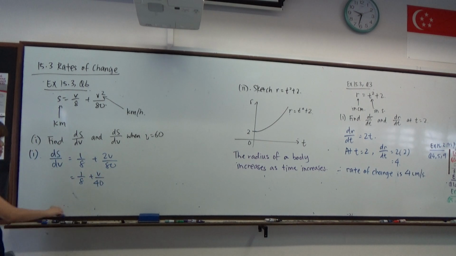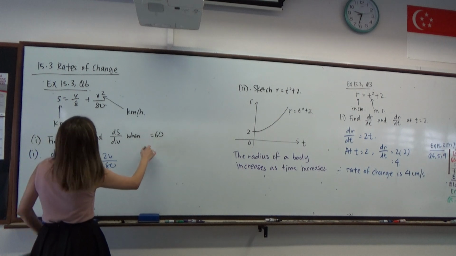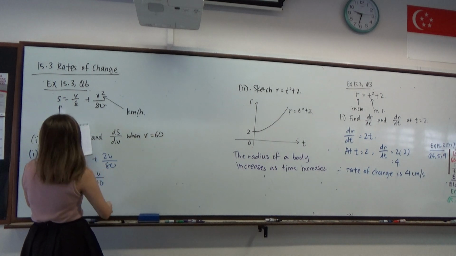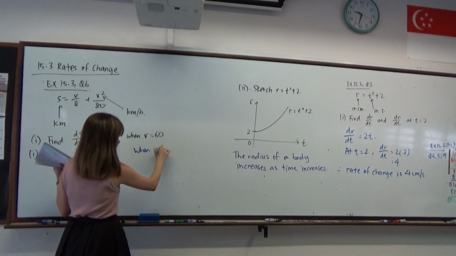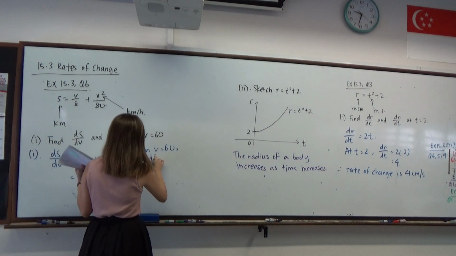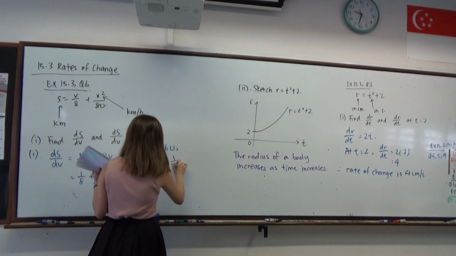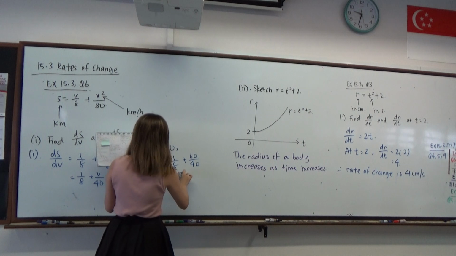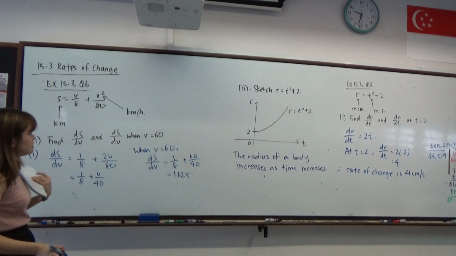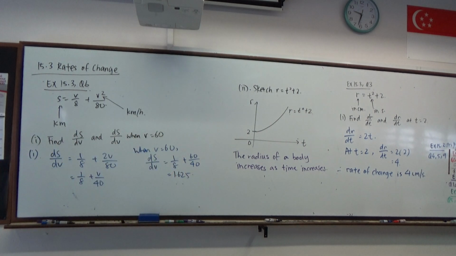And then when v equals 60, ds over dv is equal to 1.625. Likewise, answer the question clearly.